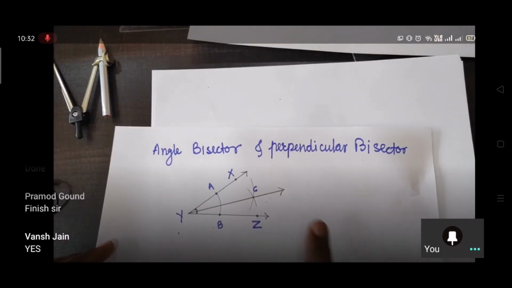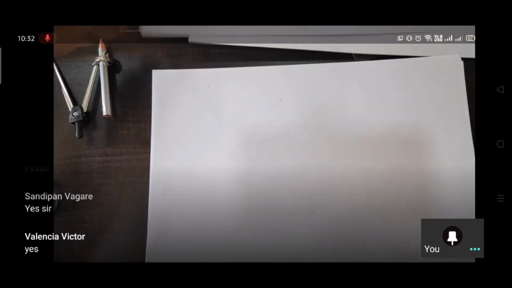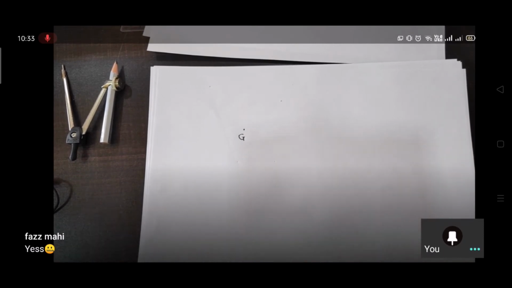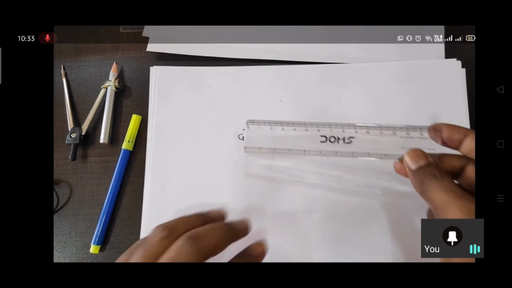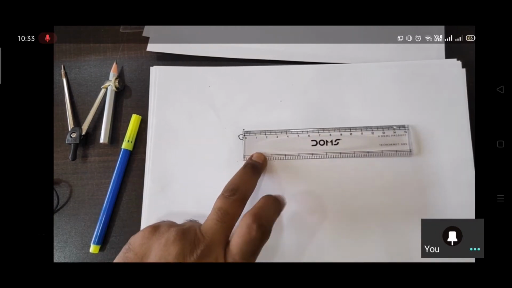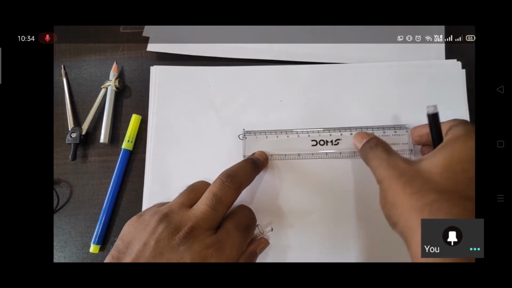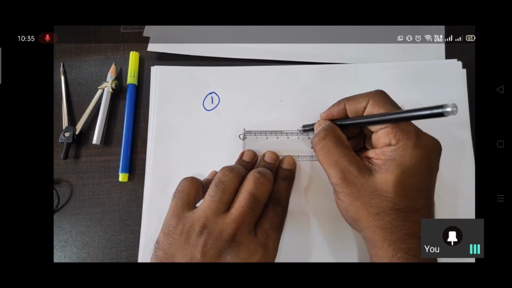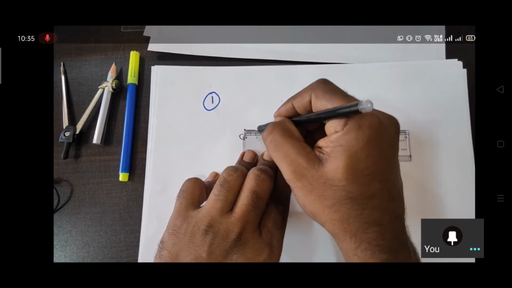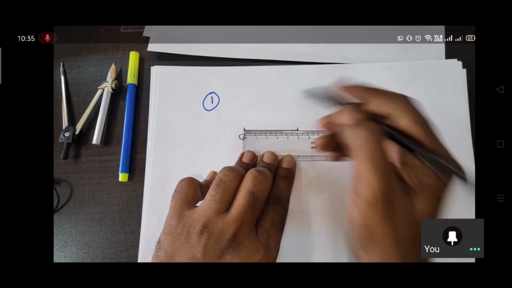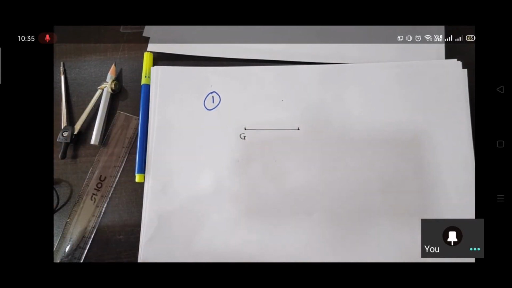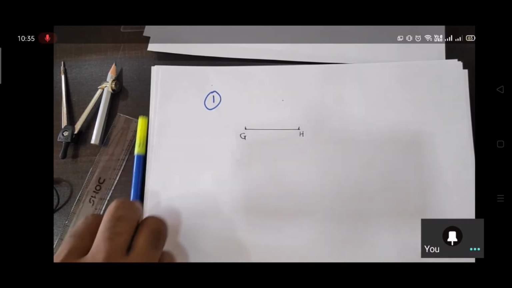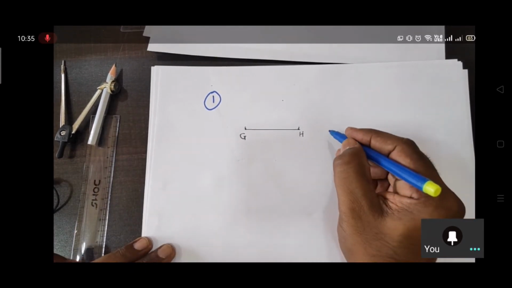Next thing is perpendicular bisector. Point G. And here you have to give the letter H. Segment GH, or in short, seg GH.